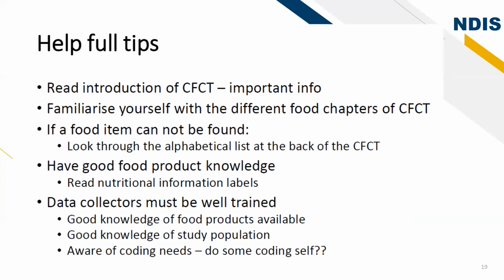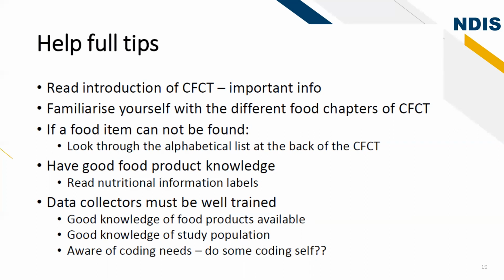You can also familiarize yourself with the different food chapters of the food composition tables. What is in the starches, what is in vegetables, what is in the miscellaneous part, the soups and sauces, what is in your sugars and sweets, and fruit, vegetables, meats, and so on.